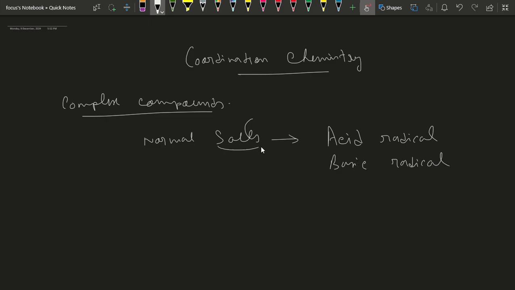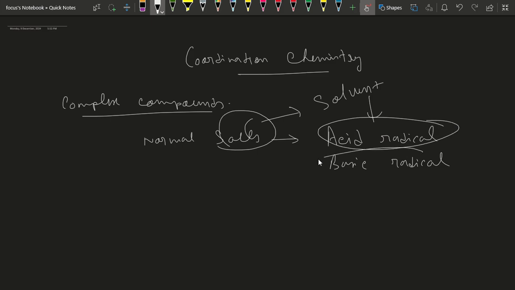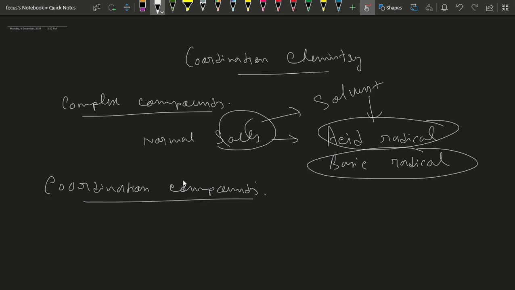When one normal salt dissolves in one solvent, it will dissociate into these two parts, acidic radical and basic radical. But in case of coordination complex or compounds, it is not like in the case of normal salts.